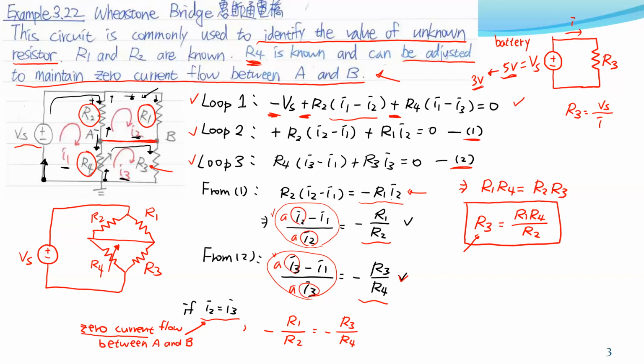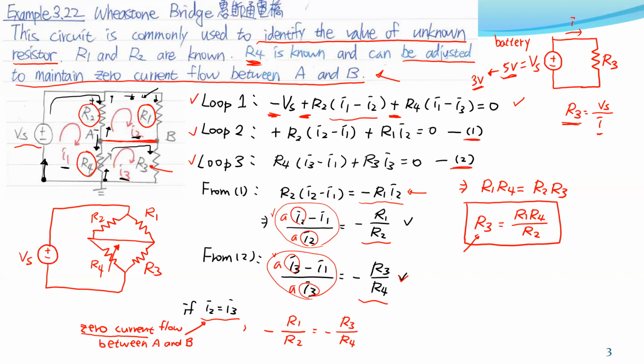And once it drops to 3 volts, it also reduces the current, which means we may calculate a different R3. Okay, so the value of R3 will be affected by the voltage source.